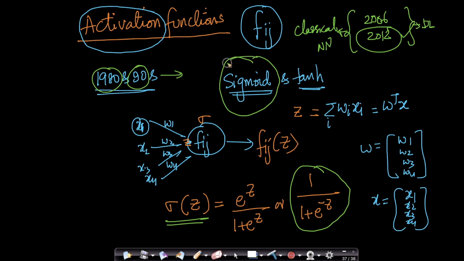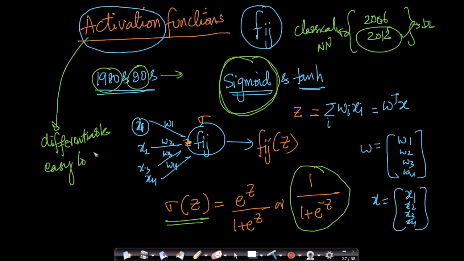So sigmoid units are one of the most popular ones. Remember, what are the requirements of your activation function? It needs to be differentiable, and it should be easy and fast to differentiate. Then you might wonder, why are we taking this complex function here?